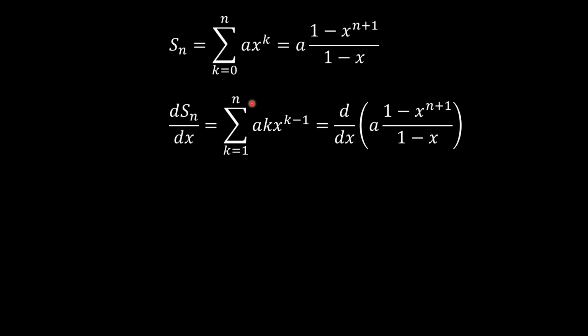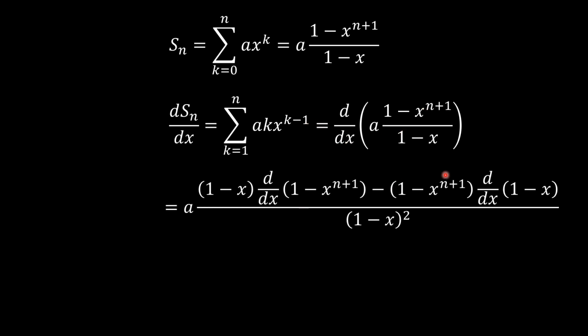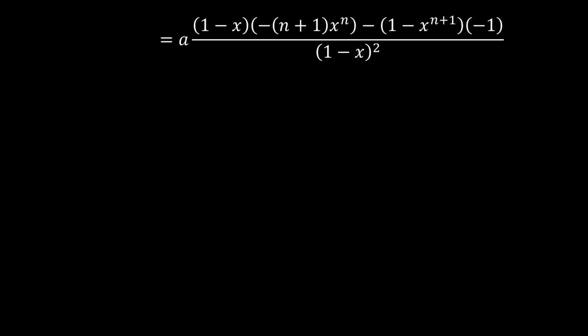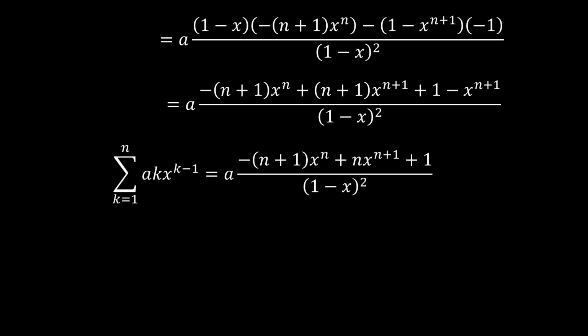And so the derivative of that, since the zeroth value is a constant, that value disappears, so we begin from k equals 1, and the k goes down, so we have a k times x to the power k minus 1 times the derivative of this, and that becomes what we see here. Rearranging it in a better way, that just leads us to what we have here.